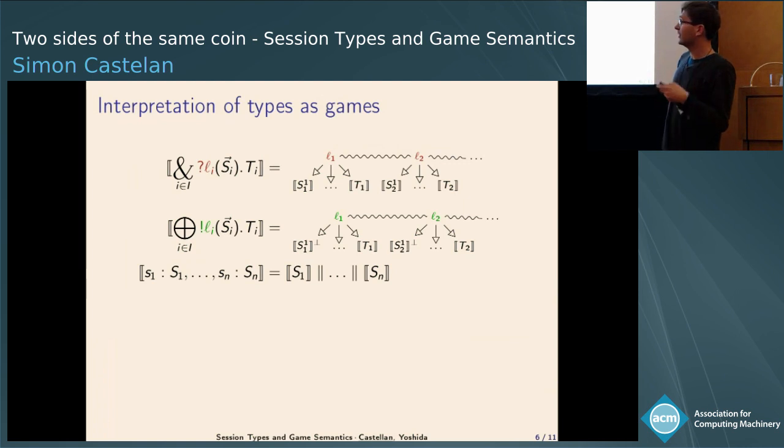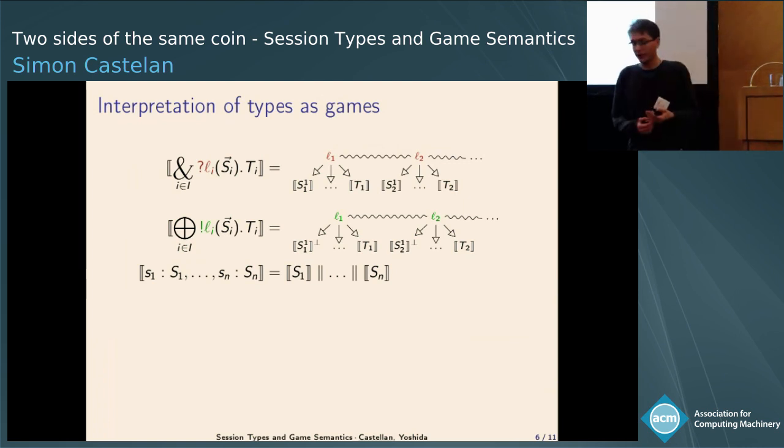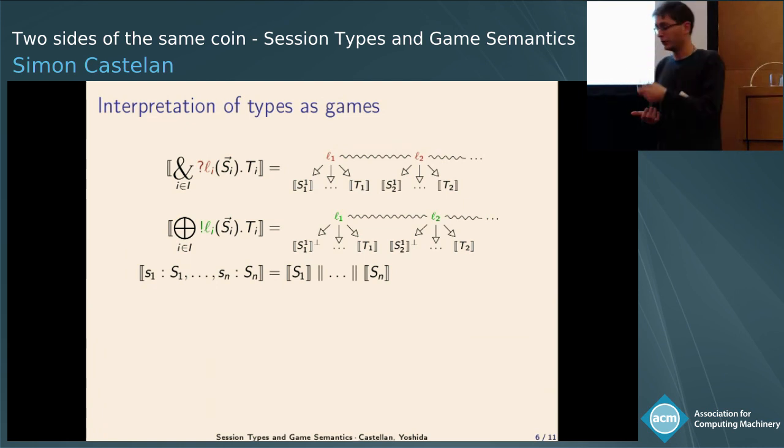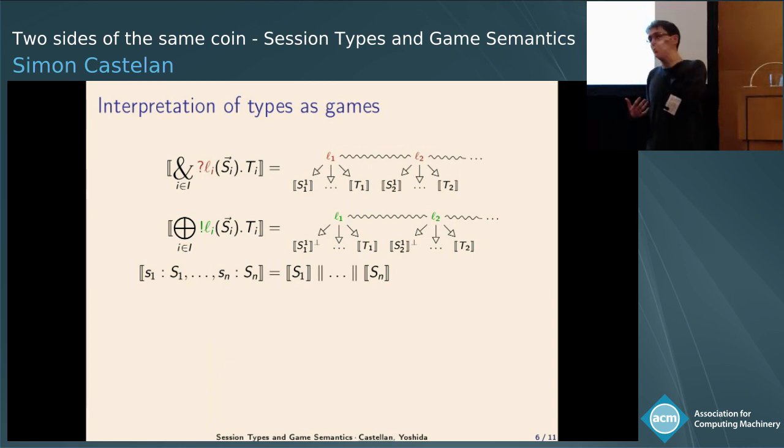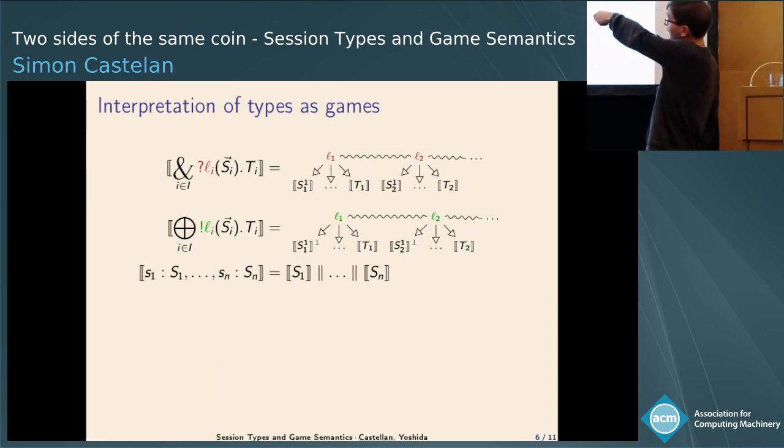Okay, so now that we have games and strategies, we can see how to interpret types as games. And it's actually not so difficult because we simply, in a way, map a type to its tree viewed as a game. So the idea is that if you have an input, for instance, so you can input one of the labels in the Li, receive a list of channels Si, and then continue as Ti. Then the initial moves will be the Li, so it will be reception of the move label L1 or reception of the move label L2.